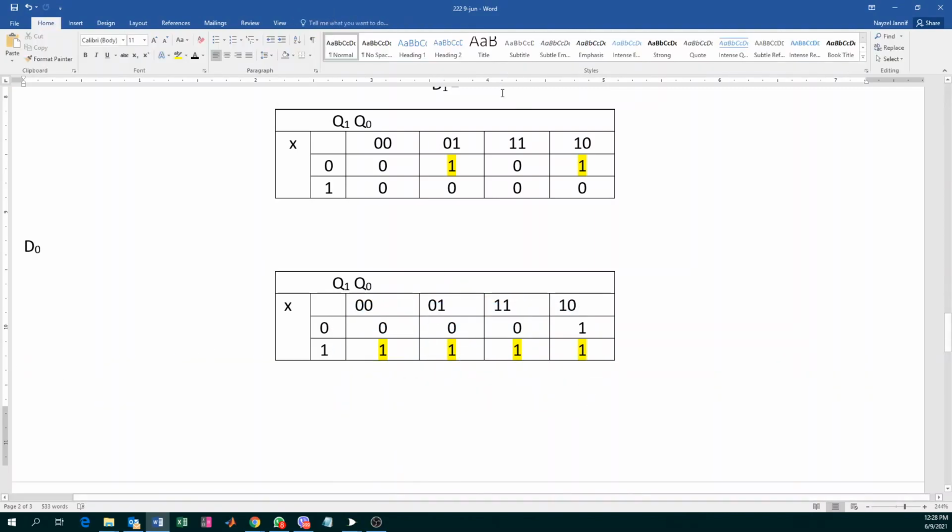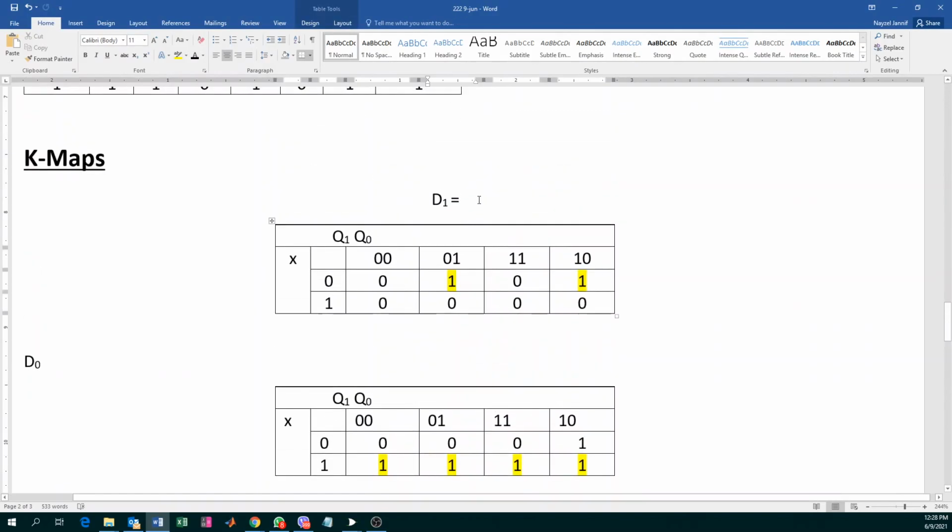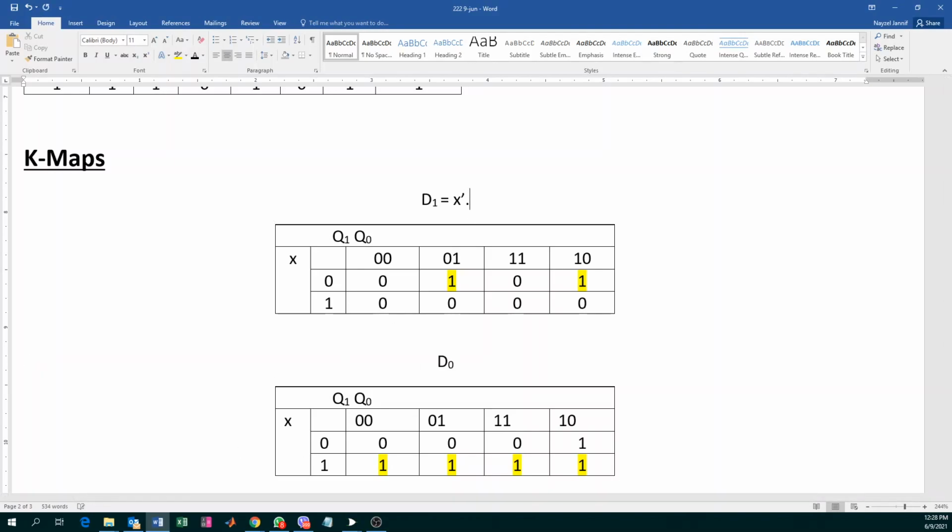Sorry, guys. Okay, the single loop over here, what do we get from the single loop over there? X bar, Q1 bar, Q0. Yes, X bar, Q1 bar, Q0.